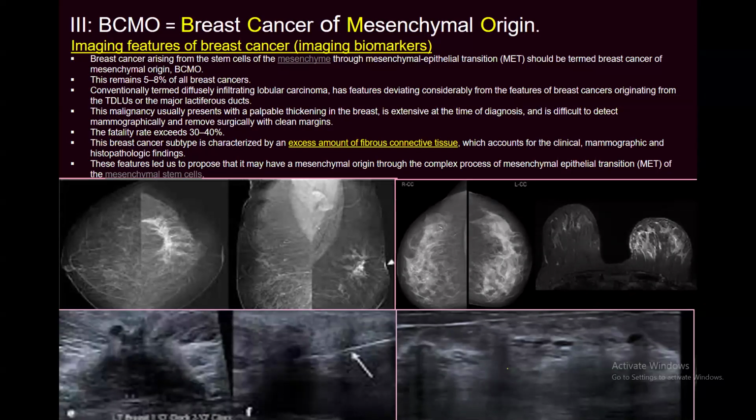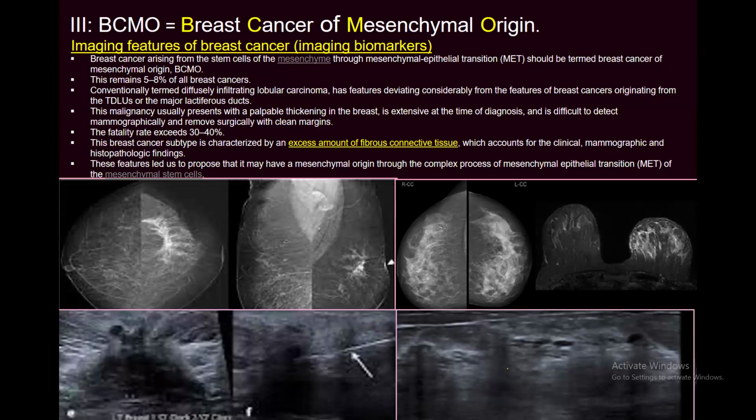Not the solid part of lobular carcinoma that presents as a mass. The diffusely infiltrating lobular carcinoma is what they suggest represents this group.